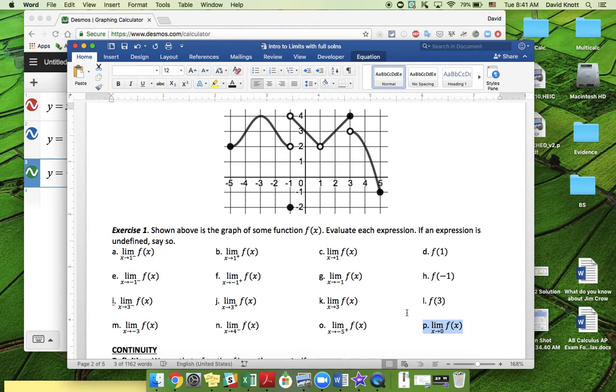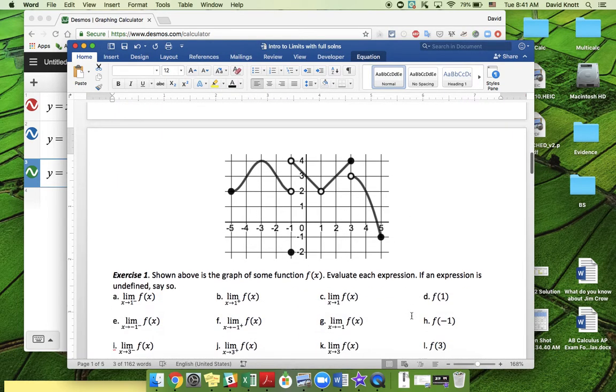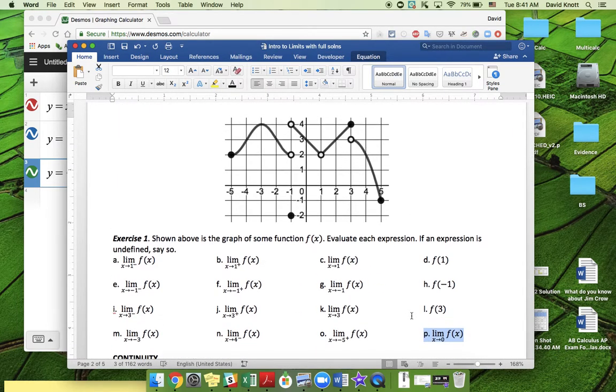As I mentioned in the notes earlier in the worksheet, it's important to recognize that we can ask questions about limits even at places where the graph is perfectly well defined and well behaved. What I mean by that is the following.